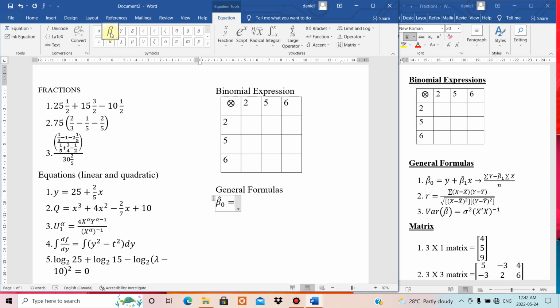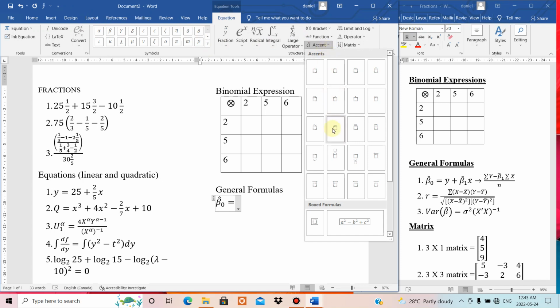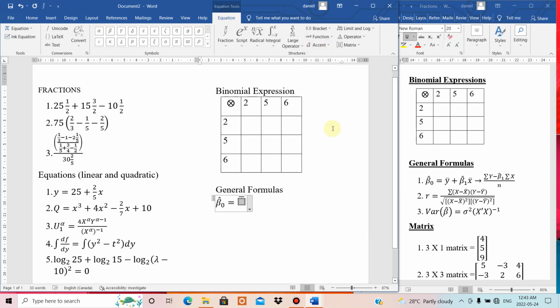When your expression has a superscript or a subscript before an accent, make sure you do that before bringing the accent, else the accent will spread out over the superscript or subscript. We have y hat, y bar, that's the mean of y. So we go to the accent, locate the bar, that is the bar. You key in y there, your addition sign, that's beta hat 1.